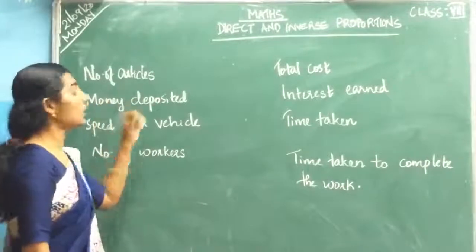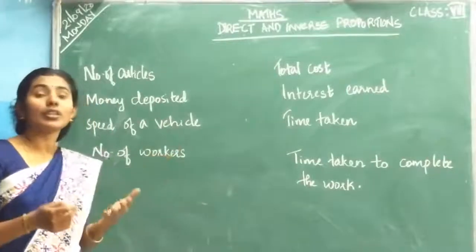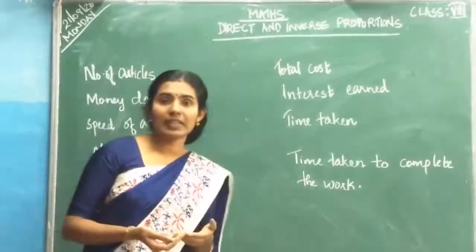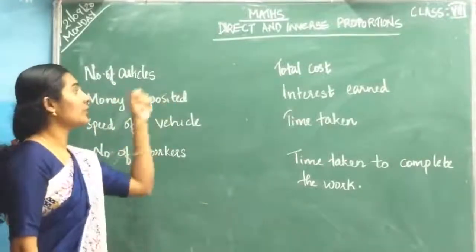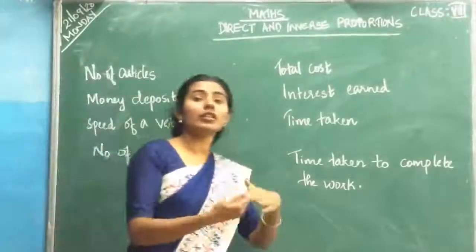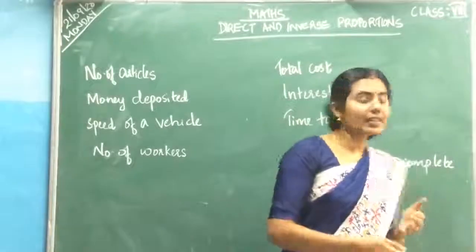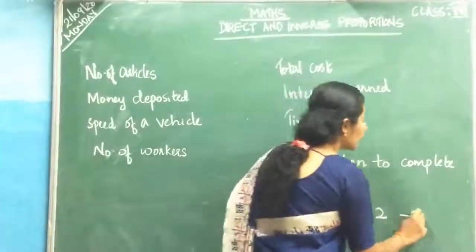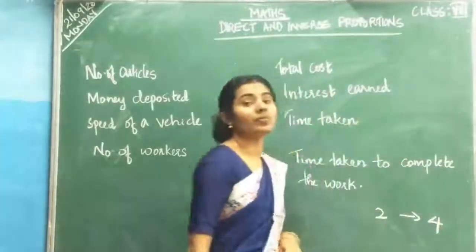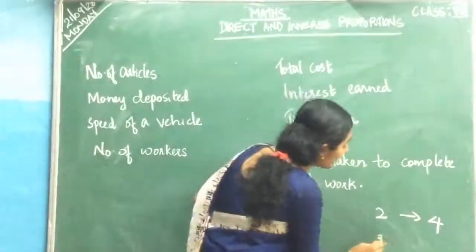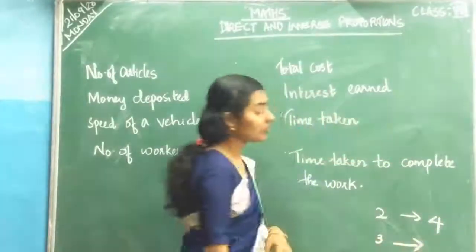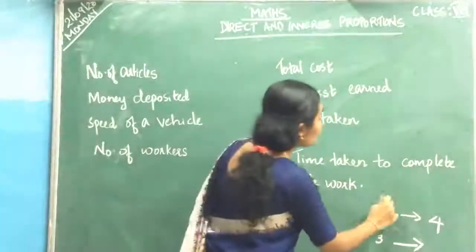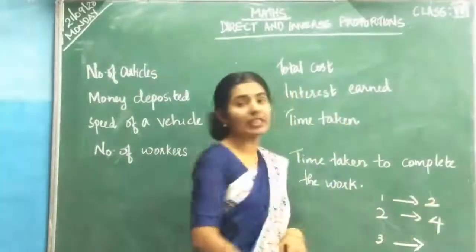For example, see the number of articles or number of items you are purchasing. If you are increasing that, what will happen? The cost also increases, isn't it? For one article, 2 is the cost.